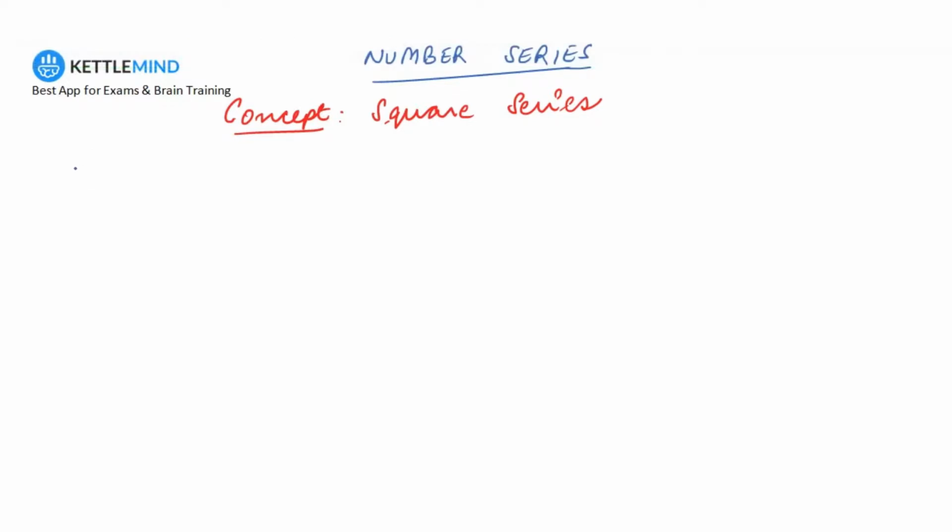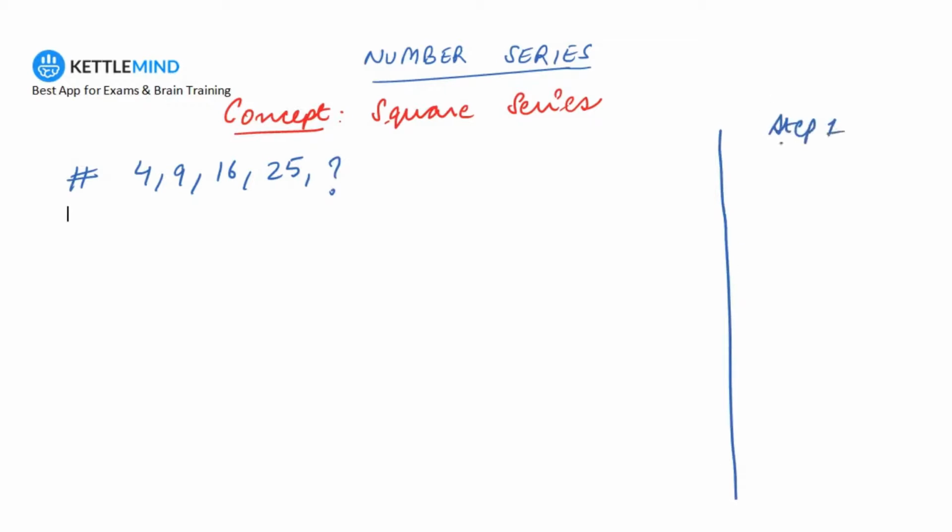So the first series, let us say, is 4, 9, 16, 25, and then this question mark we need to evaluate. We'll be doing the same three steps that we have just studied. Step 1, we see if the terms are squares of some numbers.